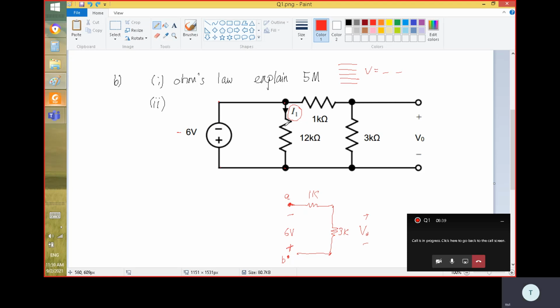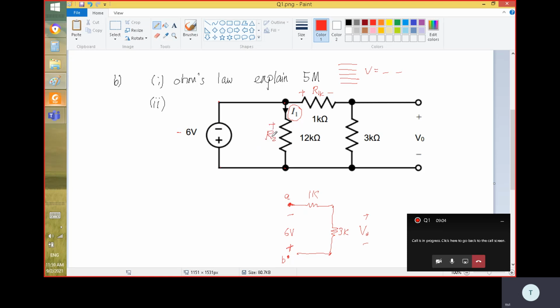Okay, and usually when we do the notation, for example for this 1K, we'll write something like positive here, and then we write R1 (1K), then minus, right? Then for this one, let's say this one is R2.